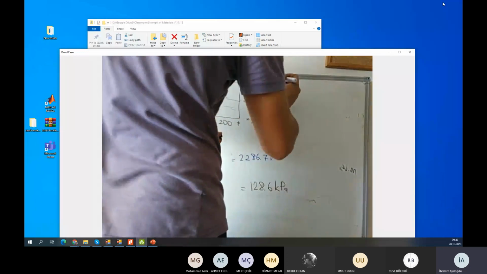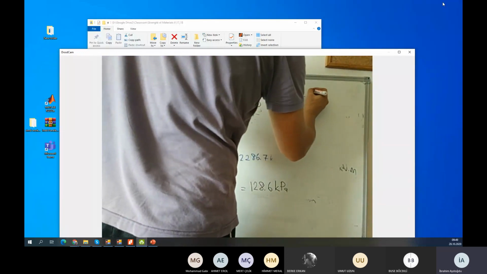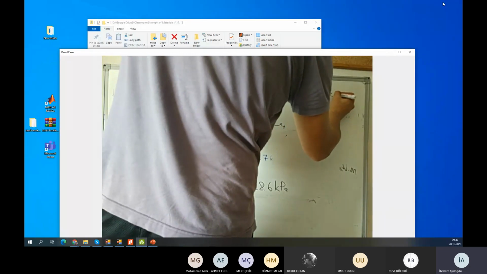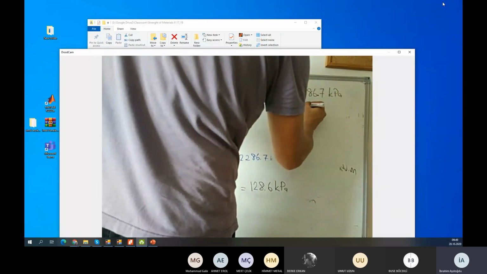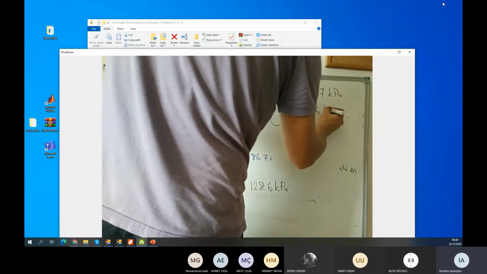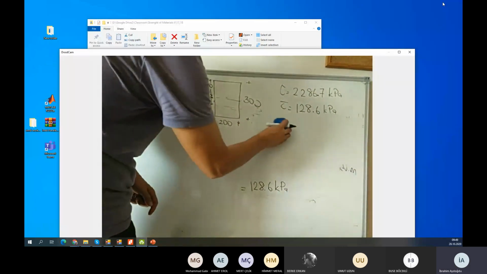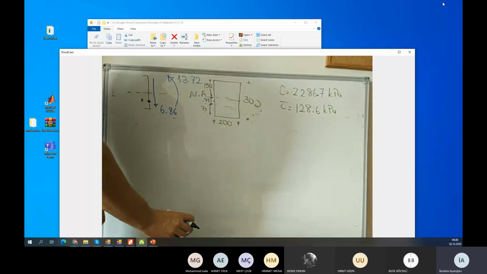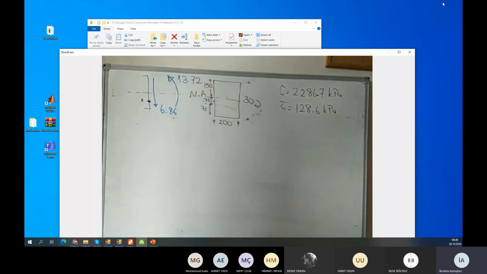So I have sigma is equal to 2286.7 kPa. Tau is equal to 128.6 kPa. Okay, very well. Clean area, clean break.